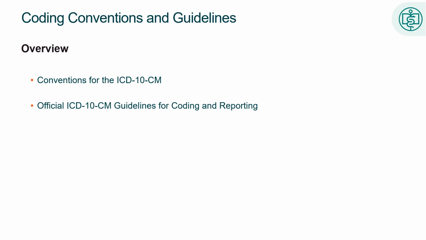Section 1.A lists the conventions for the ICD-10-CM. Section 1B lists the general coding guidelines and instructions on basic knowledge of using the ICD-10-CM, such as multiple coding for a condition, combination codes, acute versus chronic conditions, signs and symptoms versus diagnosis.